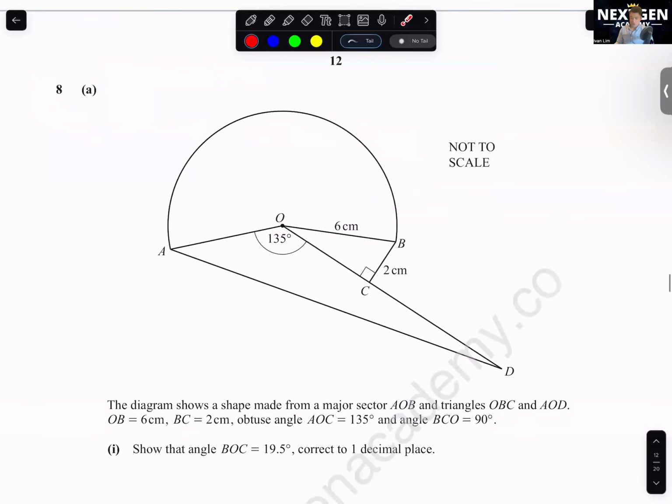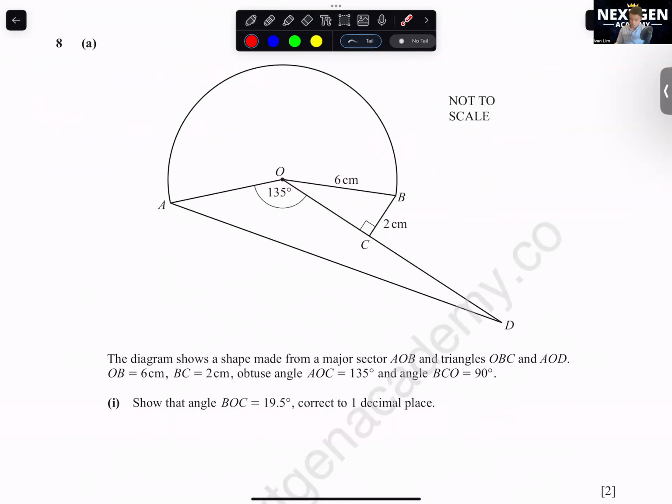Okay, let's go to question 8a. The diagram shows a shape made from a major sector AOB and triangles OBC and AOD. OB is 6 cm, BC is 2 cm, obtuse angle AOC is 135 and BCO is 90 degrees.